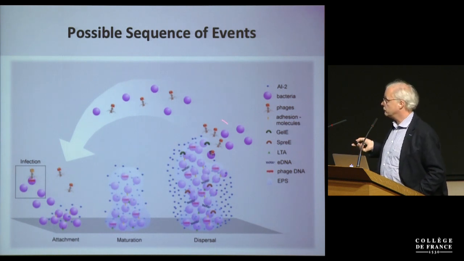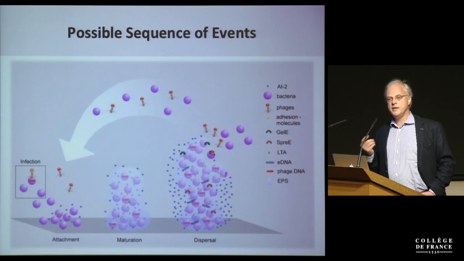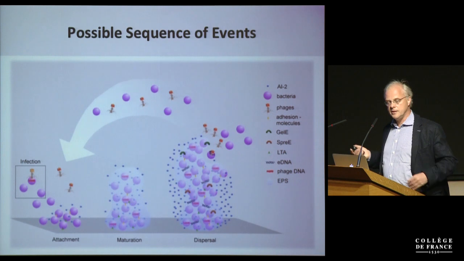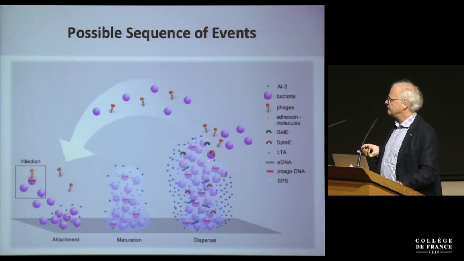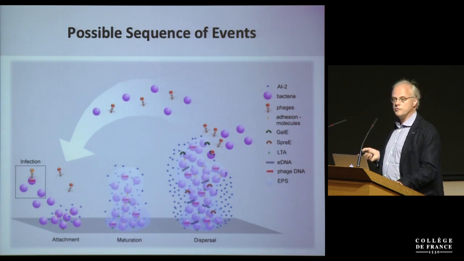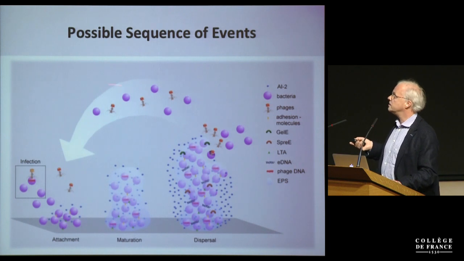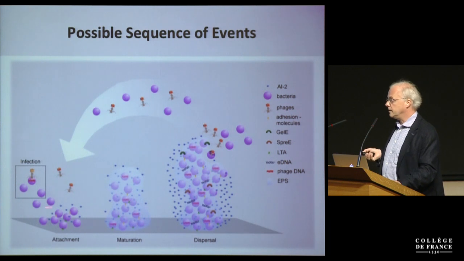When the biofilm grows and the colonies become bigger, the concentration increases, and if it's about 100 micromolar, then the biofilm is released by releasing these prophages that lyse the bacteria and set free these phages that then also swim around and can attack and transduce bacteria that are in the vicinity.